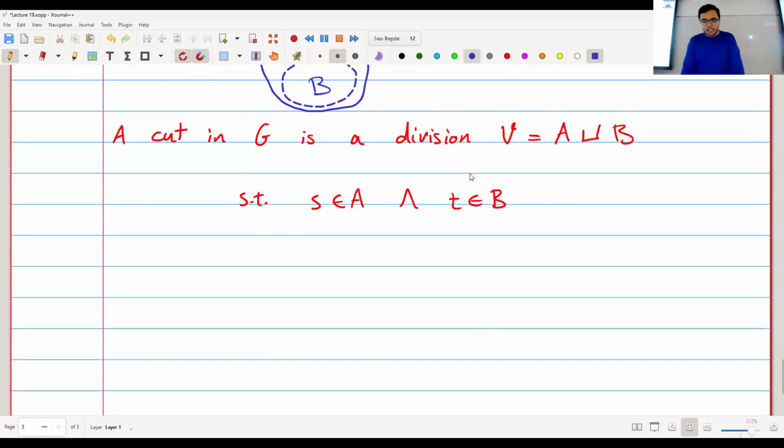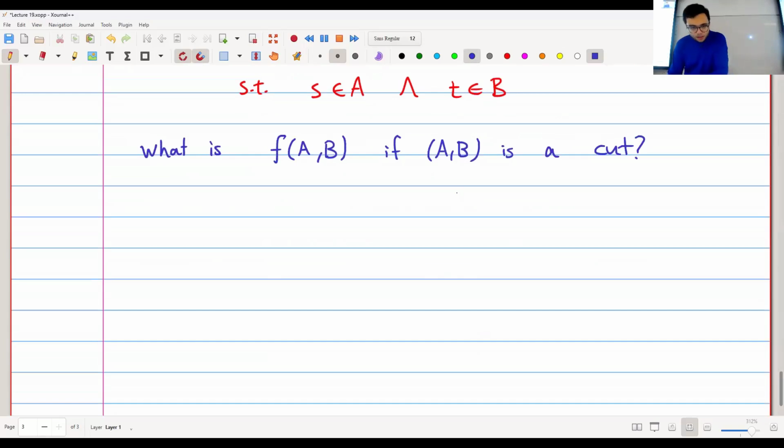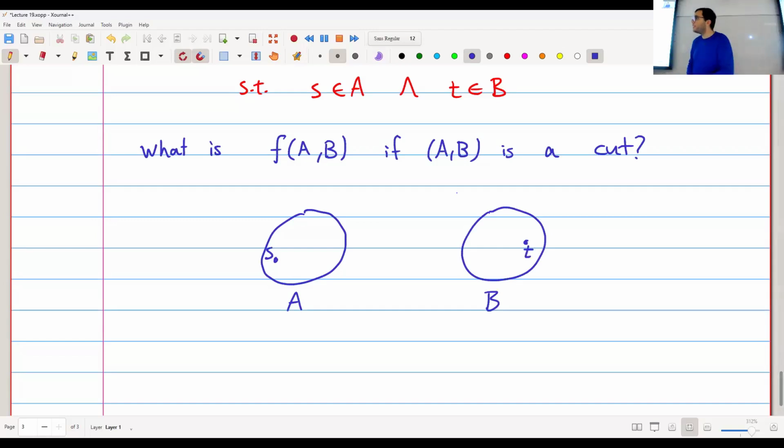So let's say I have a cut. What is the flow from A to B if (A,B) is a cut? Okay, so look at this. I have my set A here. I have my set B here. I have my source here. I have my sink here.